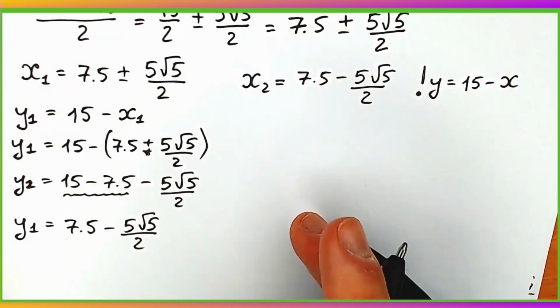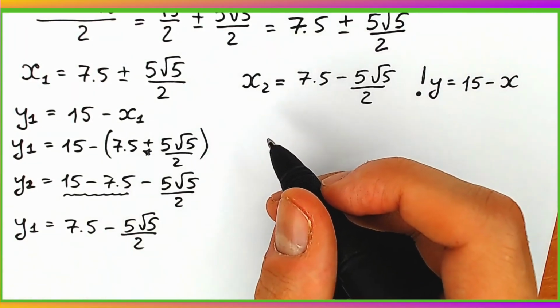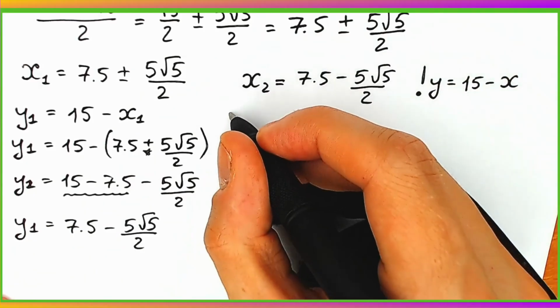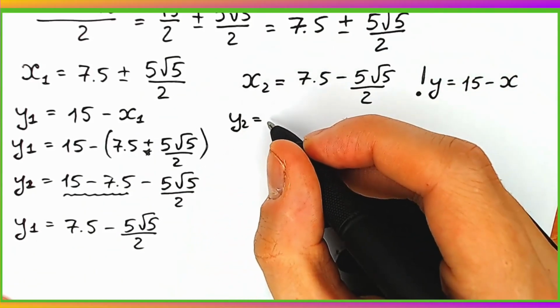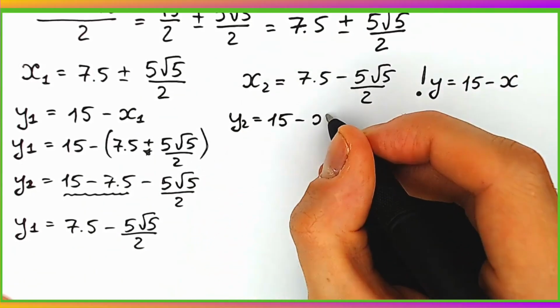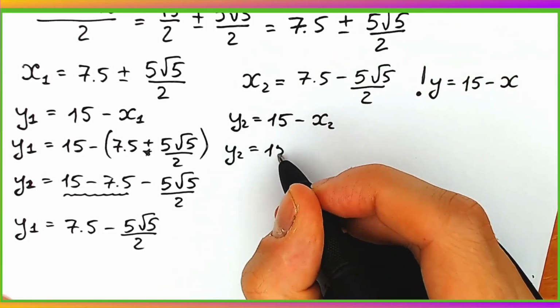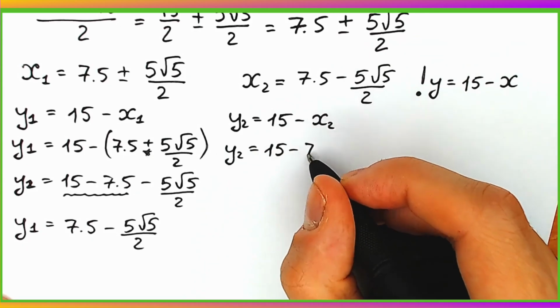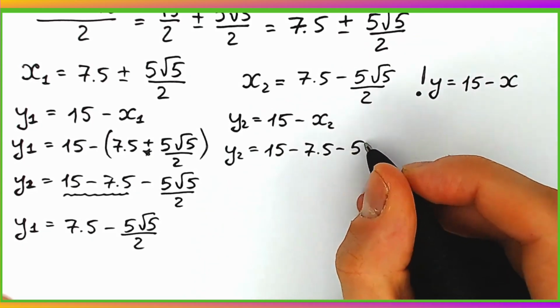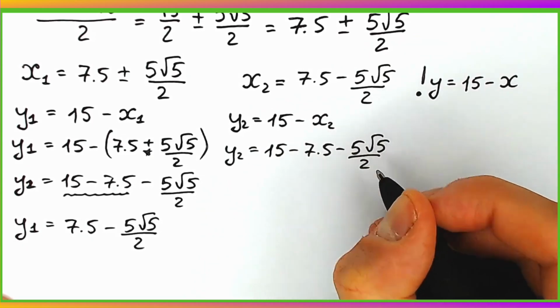Okay, and right now let's solve this for the other part. Let's solve it for y second. So y second equal to 15 minus x second. We know this x second, so y second equal to 15 minus x second, 7.5 minus 5 square root of 5 over 2.